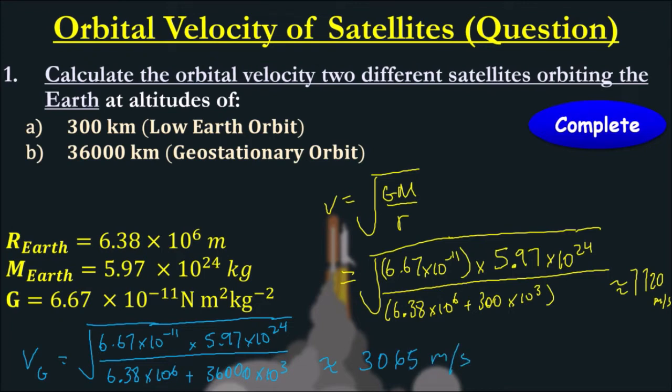So you can see there is a big contrast in terms of the speed. Our low Earth orbit has almost twice the speed of the geostationary model.